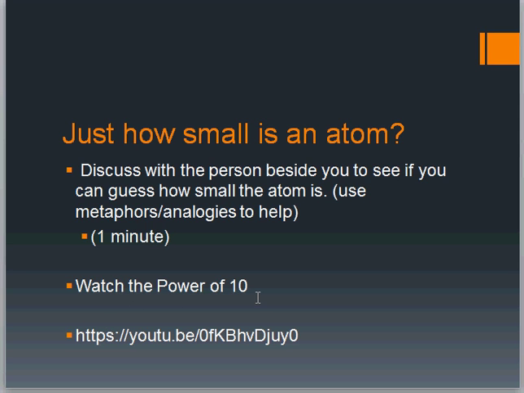You are going to need to do an external bit, so you're going to need to pause this video and put this YouTube link into your browser and watch the Powers of 10. They're going to go all the way from the biggest power of 10, so the most we can see, down to the smallest amount that we can see. Once you've watched that video, come back. Okay?